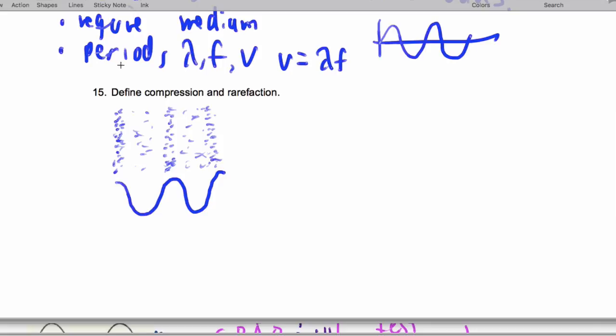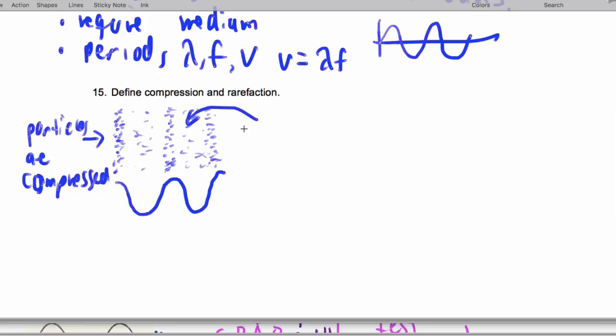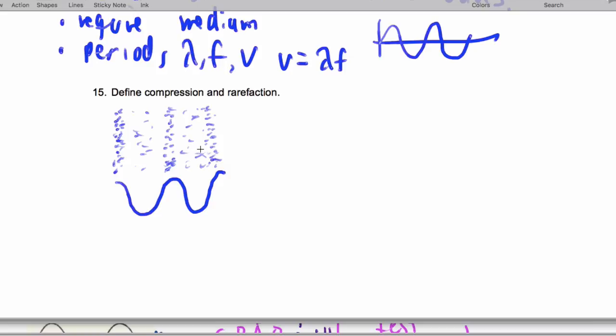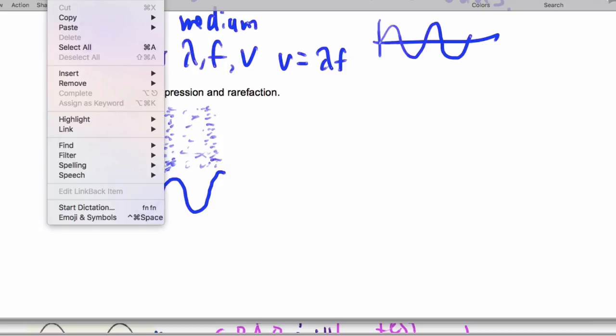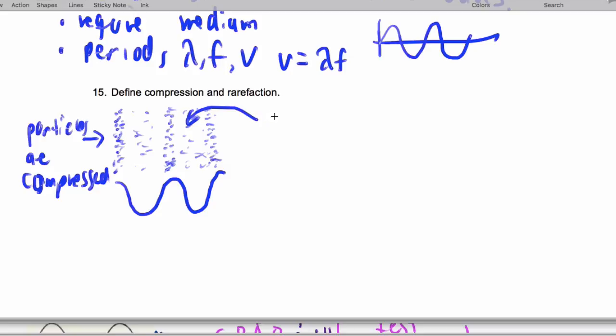And you can say that the compression is where particles are compressed, and in the rarefaction, they're spread out. So here we've got compressed, rarefied, compressed, just like that.